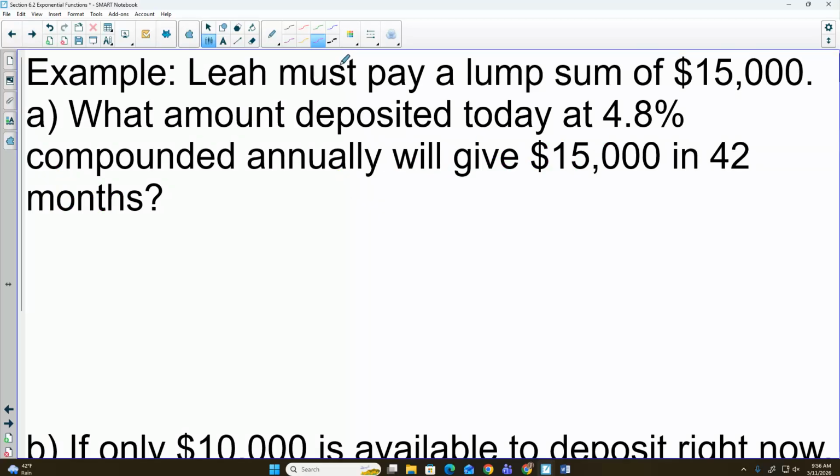Look at some more. Leah must pay a lump sum of $15,000. What amount deposited today at 4.8% compounded annually? So it's not continuous, so that means I'm using the same formula.